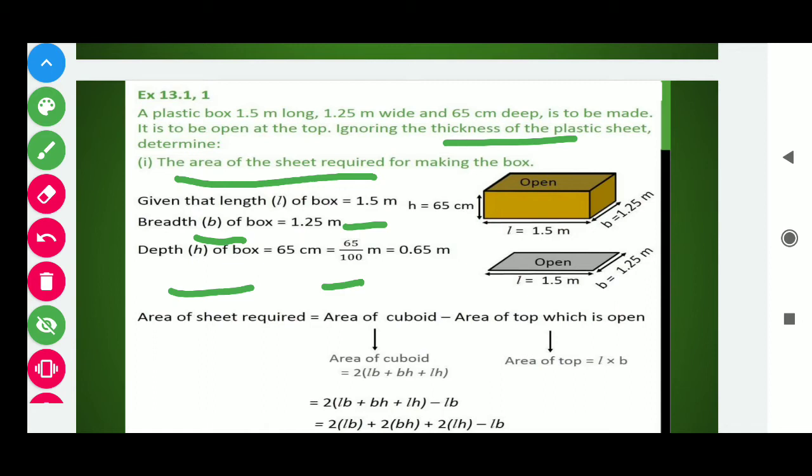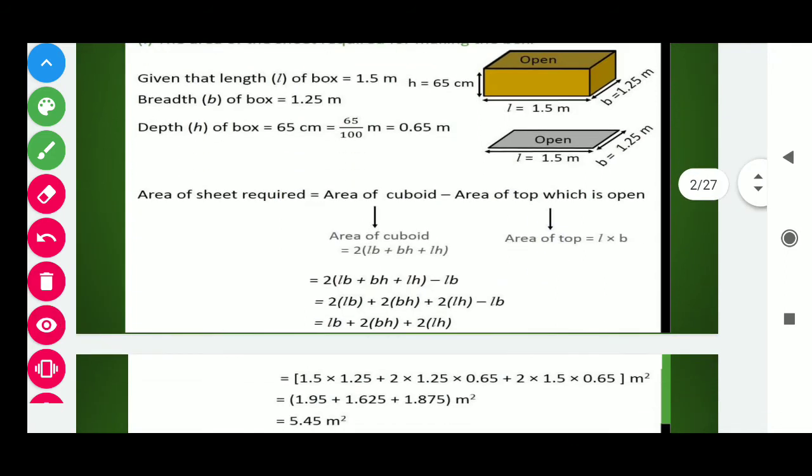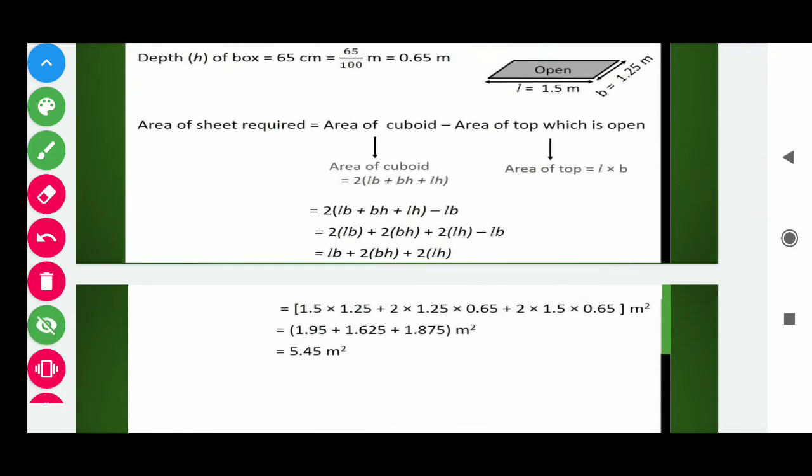So the area of sheet required is the area of the cuboid minus the area of the top, which is open. The formula of the cuboid is 2 into LB plus BH plus HL. Now we have to subtract the area of the roof because this plastic box is open. So the formula becomes LB plus 2BH plus 2HL.